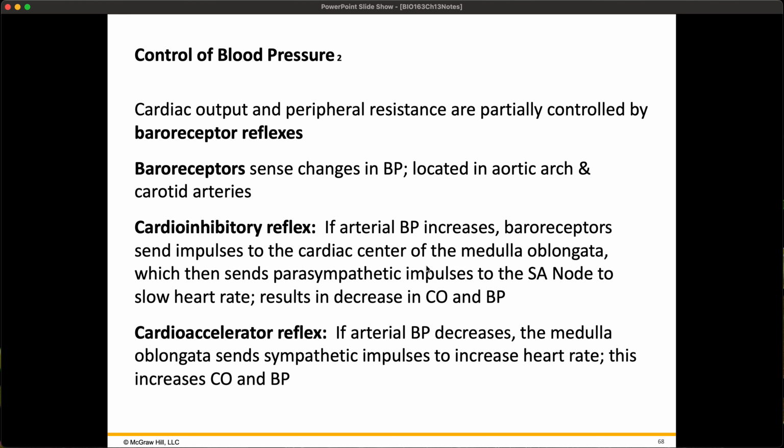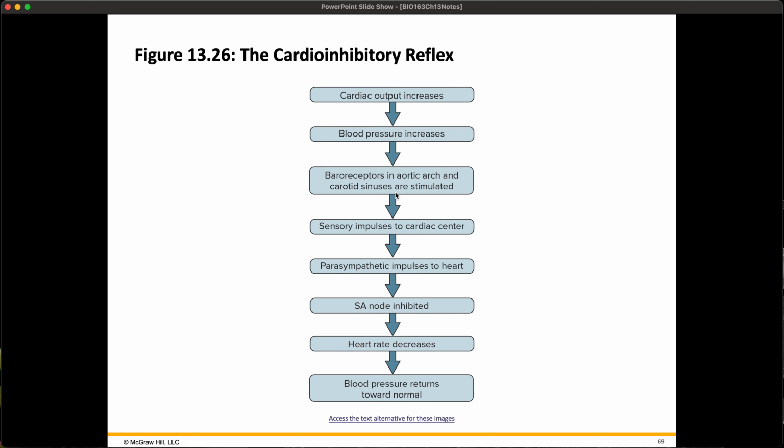The medulla oblongata sends parasympathetic signals to the SA node, and that decreases cardiac output and blood pressure. So blood pressure increasing, cardioinhibitory reflex. Blood pressure decreasing, you get sympathetic signals to the heart, increasing heart rate, CO and BP. So cardioacceleratory reflex because of a decrease in blood pressure. And again, here's a nice little flow chart for you to be able to follow through with that.